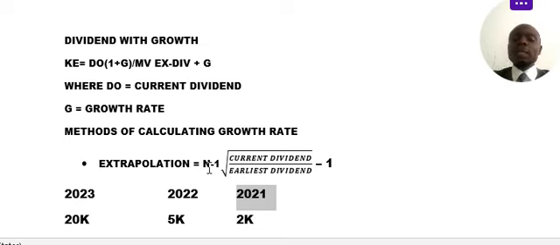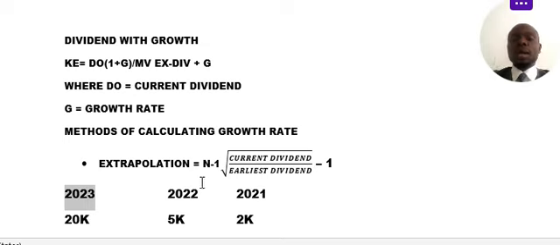Remember the n minus 1. When we get to cost of equity, we are going to dissect this. Do you know the reason why there is always n minus 1? It is because in 2023, there is no growth yet, since we don't have 2024. How many years do we have here?